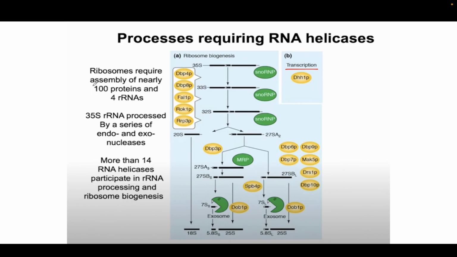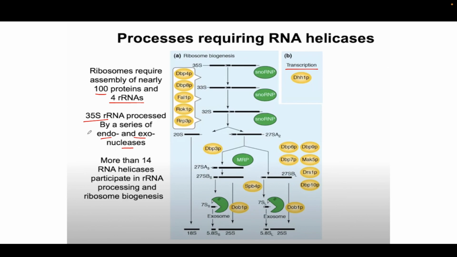Ribosomes require assembly of nearly 100 proteins and 4 rRNAs. rRNAs means ribosomal RNAs, okay? And 35S rRNA is processed by a series of endo and exonucleases. So what is the meaning of endonuclease and exonuclease?